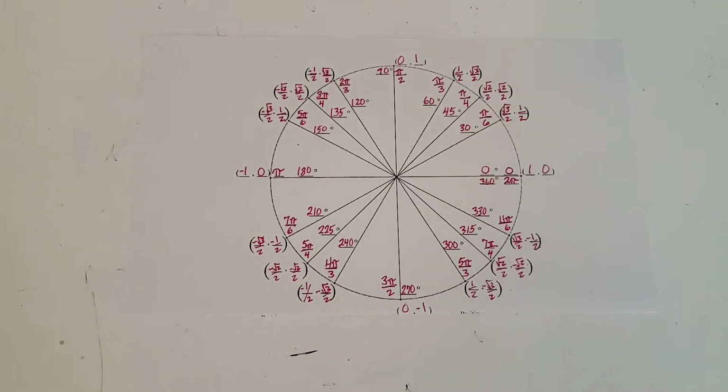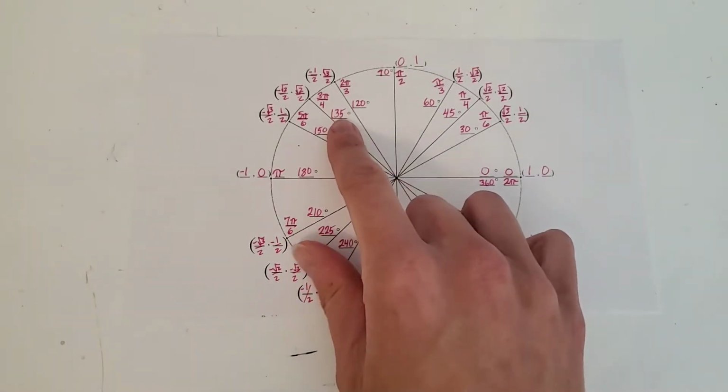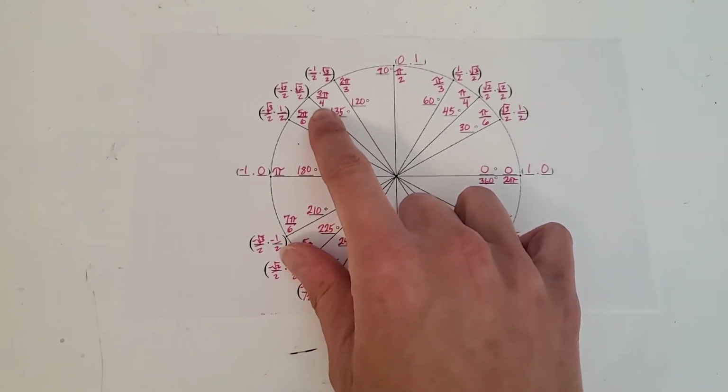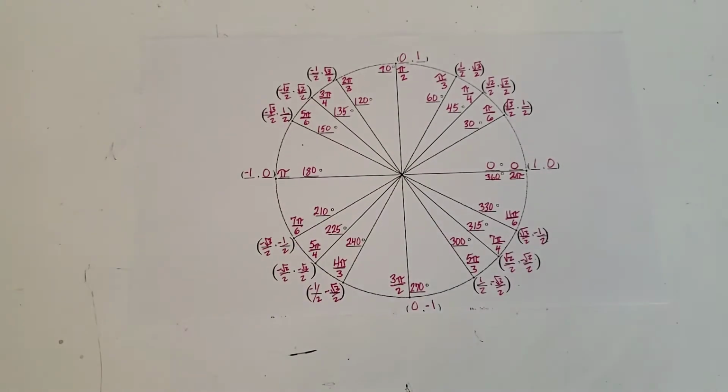So if I asked you how many radians is 135 degrees? Well, you look for 135 degrees on the unit circle and you go, oh, hey, that's also 3 pi over 4 radians. Beautiful. How about how many radians is 240 degrees?